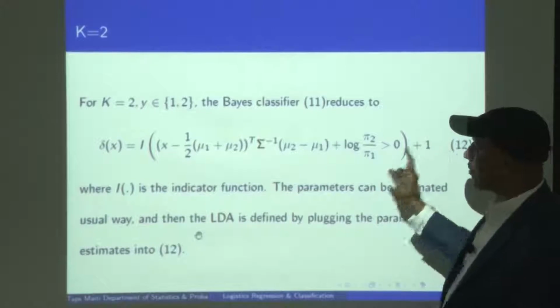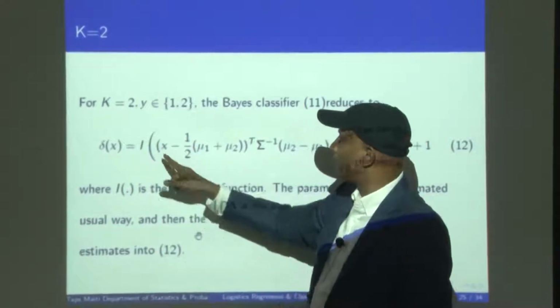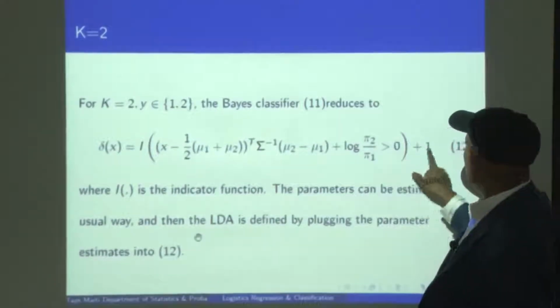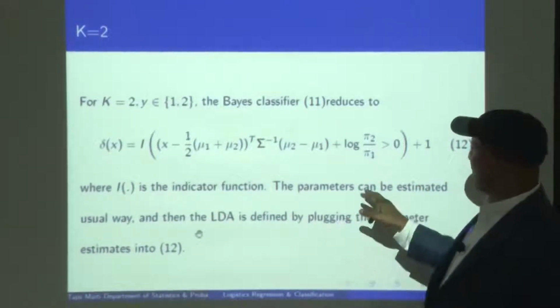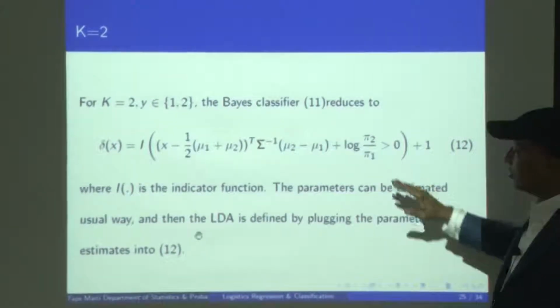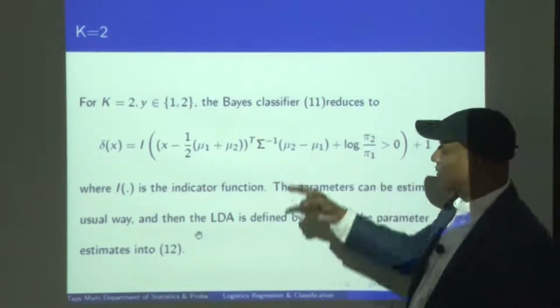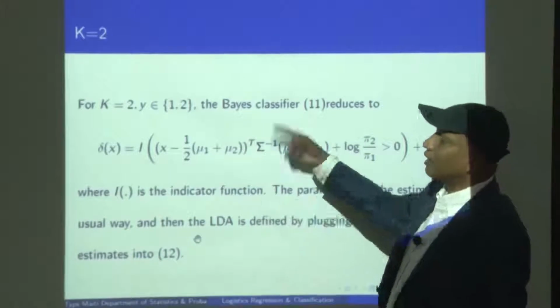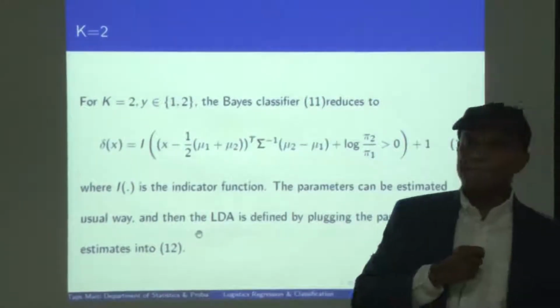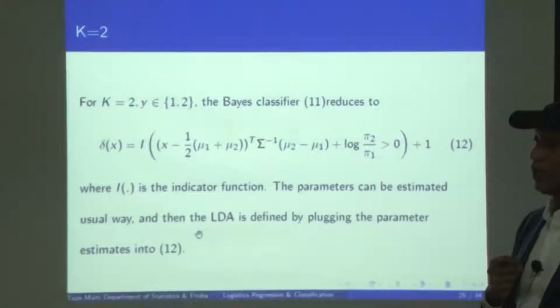Again, you have to do a little bit of algebra. This is an indicator function of this whole thing plus 1. The parameters again are unknown, as we have seen in p equals 1. You have to estimate the parameters and plug them in, and then you get the LDA.